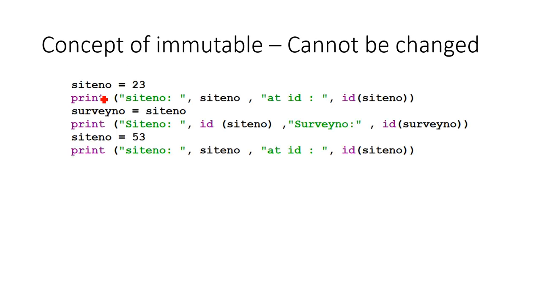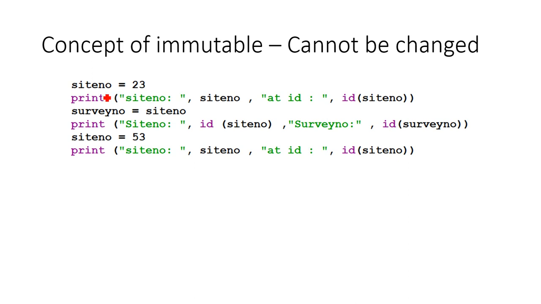Let us consider one simple example, which will help us understand the concept of immutable. Here we have a variable called site number, and it is assigned the value 23.